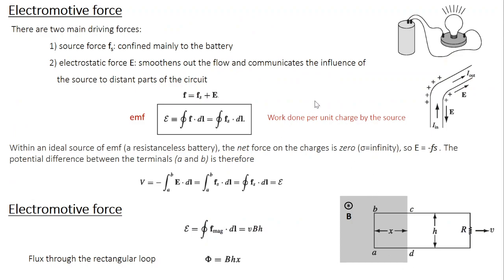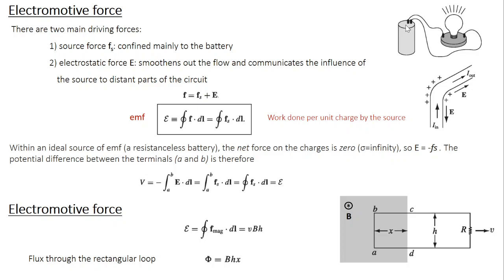Now let's go back to our previous example of switching on a bulb. The moment you switch on the circuit, you see the bulb glow. Now we have a couple of questions here. First one, the bulb is connected to a battery. So the battery provides a potential difference, or you can view it as a force from the battery.